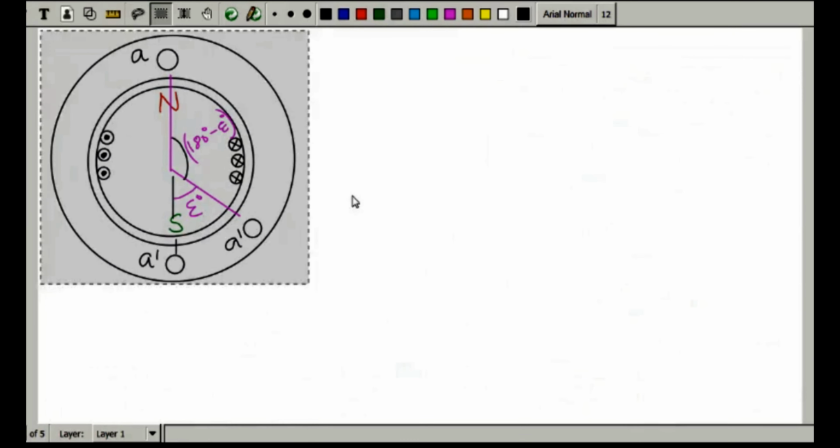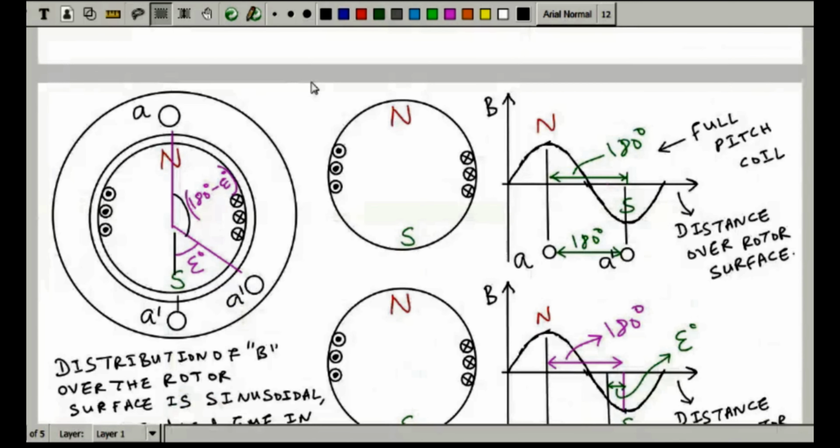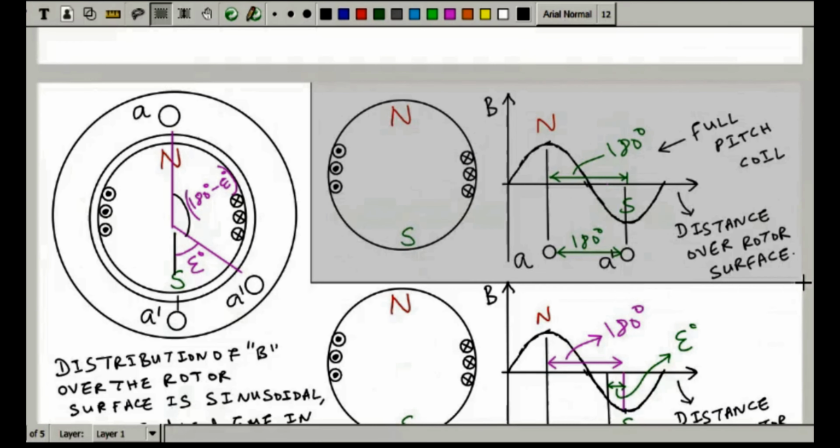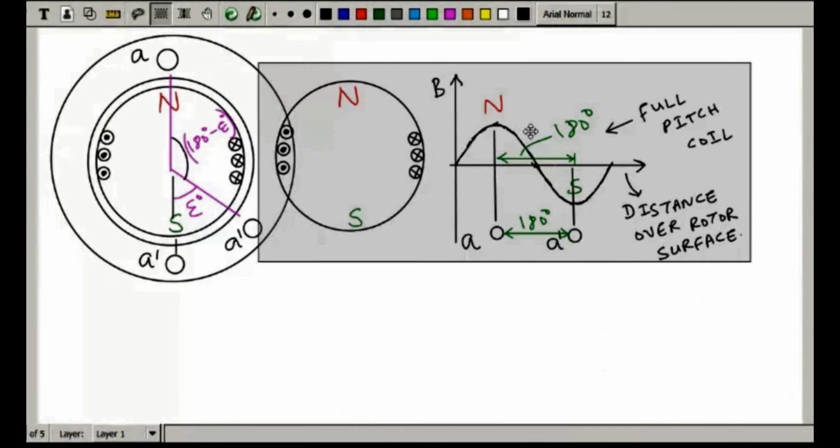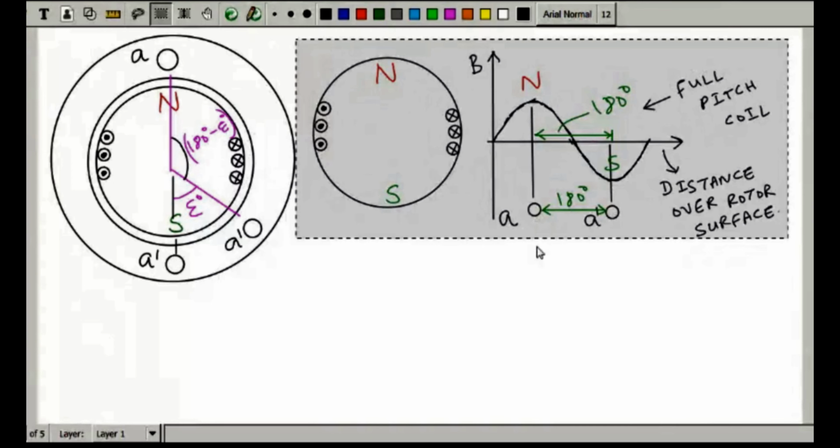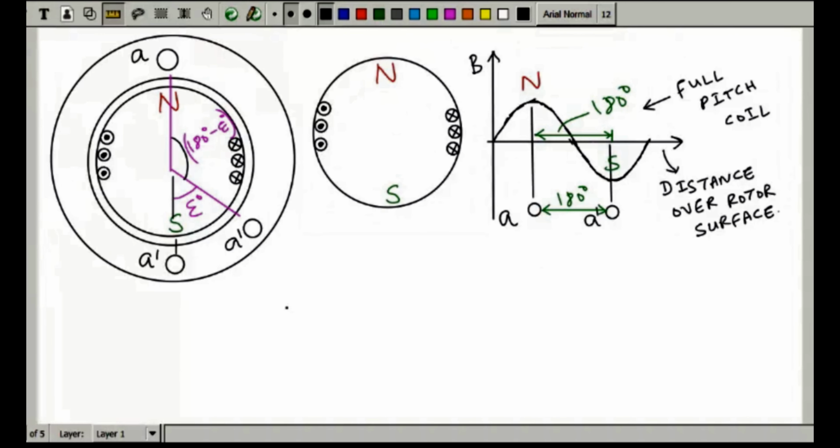So if it's a full pitch coil, what is the thing we have shown for the full pitch coil? This is what we have shown for the full pitch coil. So how to represent it by phasor? We will represent it by these two phasors. Let's say A dash is not here, so it's a full pitch coil.